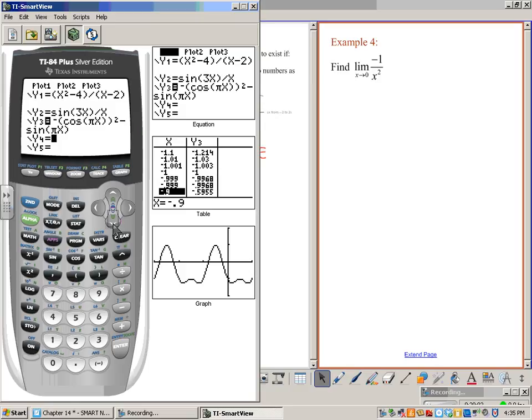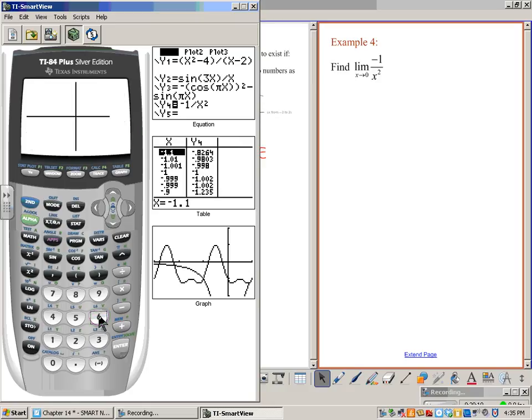And we have -1 over x squared. Okay, let's turn off the previous, and I'm going to do a zoom 6. Okay, and so we see something sort of strange going on, but we might need to take a closer look.